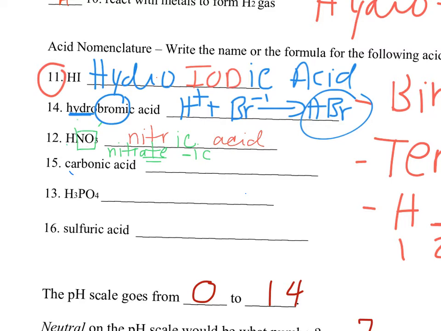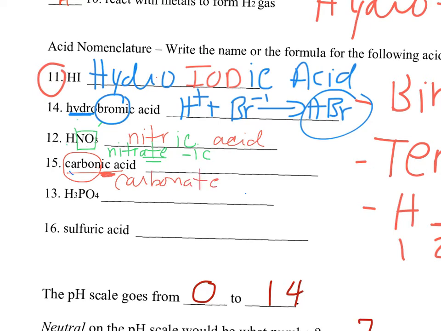The next one is carbonic acid. We're working backwards. And if you notice, carbonic acid does not have the word hydro. And so it has an IC ending, so we know it comes from a polyatomic ion that ends in ATE. The root word is carbon, so we're looking for carbonate.